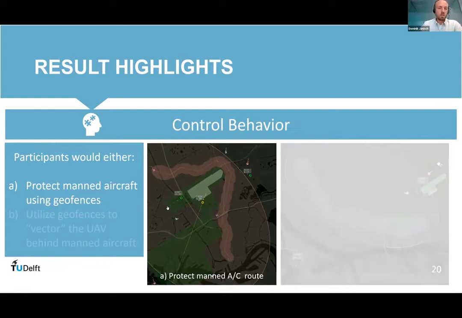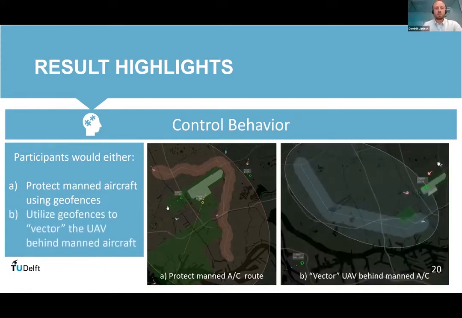However, given that controllers had a very active interest in vectoring individual UAVs, we found situations such as the one I'm presenting here on the right. You can see an aircraft on final approach to the runway, and there are some UAVs operating in the vicinity. The controller wanted both UAVs to cross, but this UAV would need to cross before, and this UAV would need to cross after this approaching traffic, essentially following the typical strategy of vectoring a slower aircraft behind a faster one.